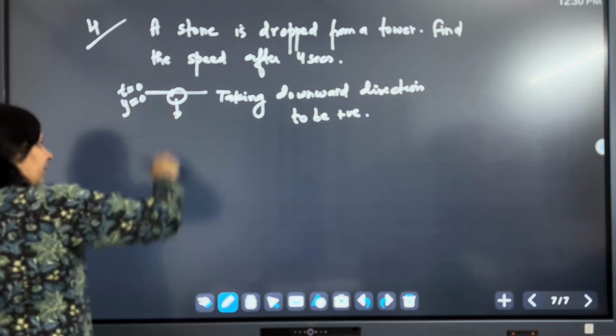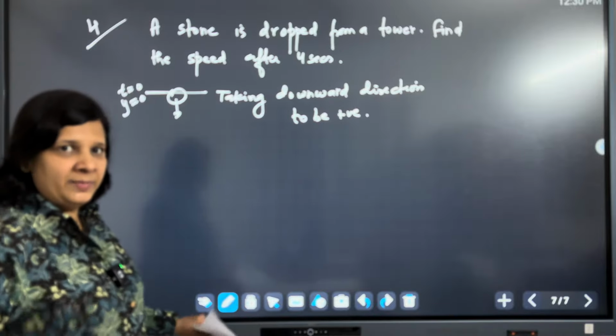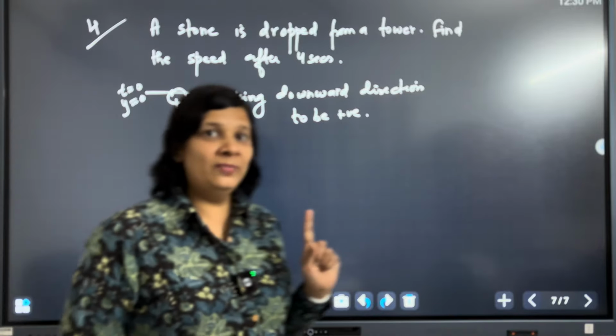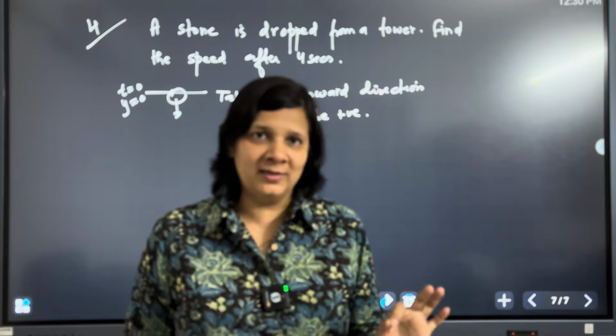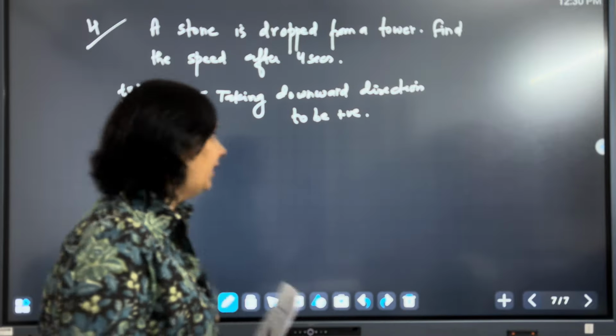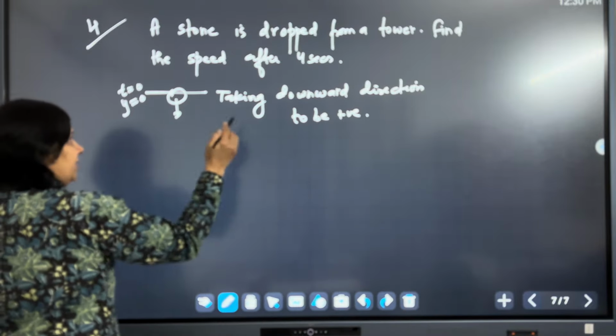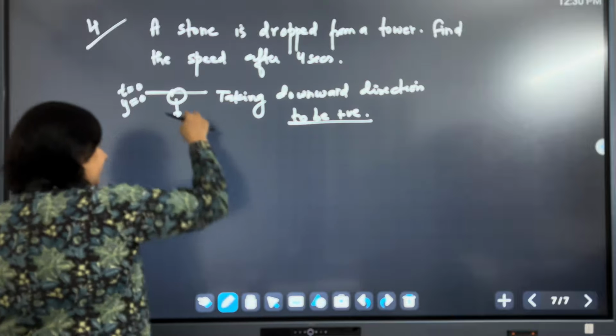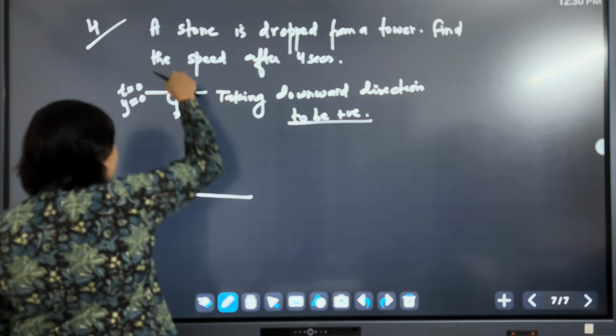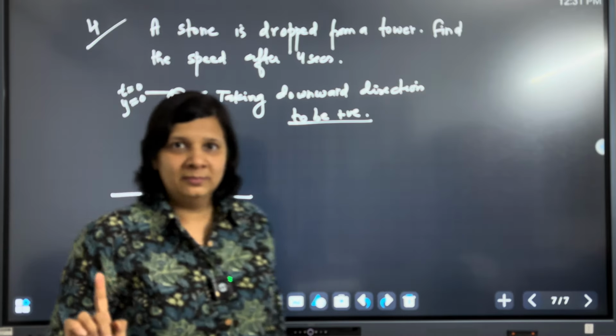Okay, y means the vertical displacement. I am choosing my origin to be here. So in vertical motion problems, you have to choose your origin. At time t is equal to 0, where is your origin, right? Because I am taking downward direction to be positive, from here, when the ball comes down, the displacement will increase, right?